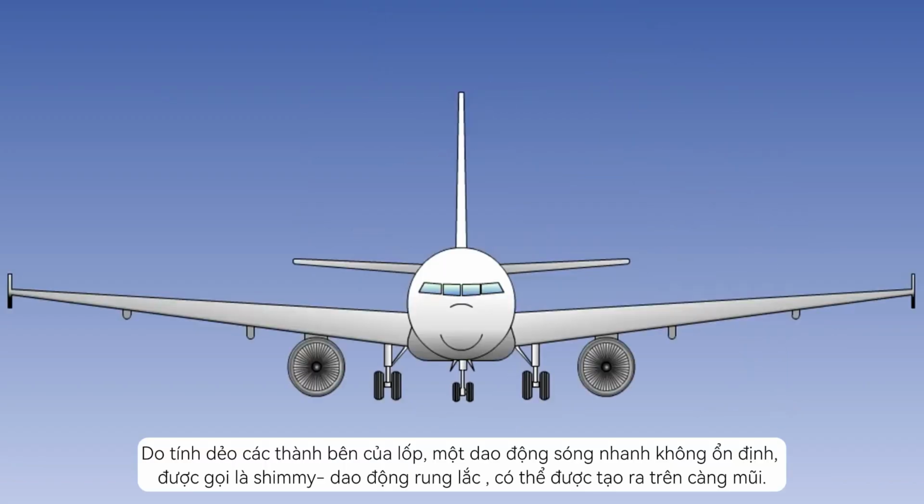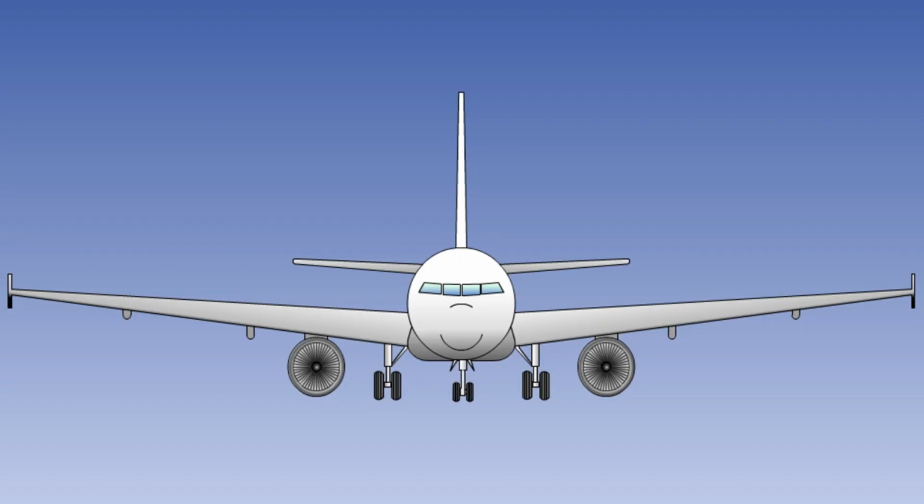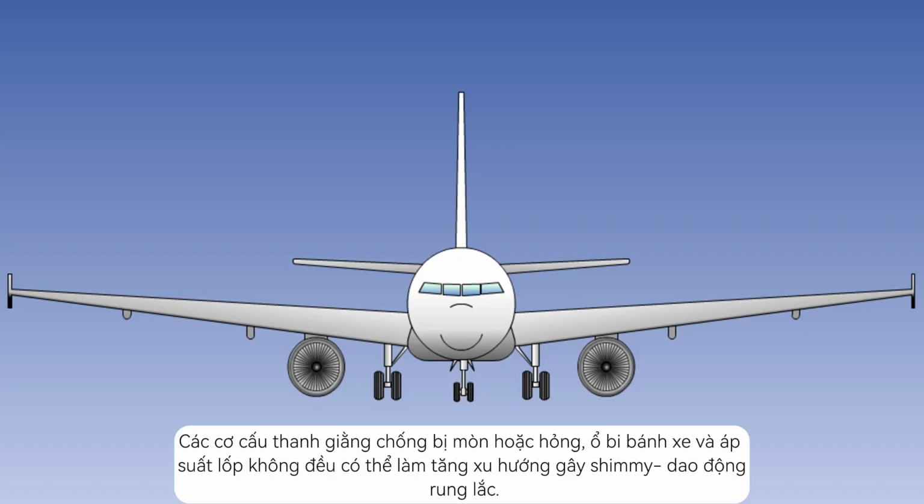Due to the flexibility of tire sidewalls, an unstable, rapid, sinusoidal oscillation or vibration, known as shimmy, can be induced into the nose undercarriage. Worn or broken torque links, wear in the wheel bearings, and uneven tire pressures can all increase the tendency to shimmy.